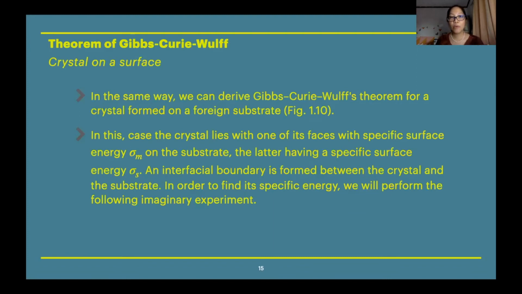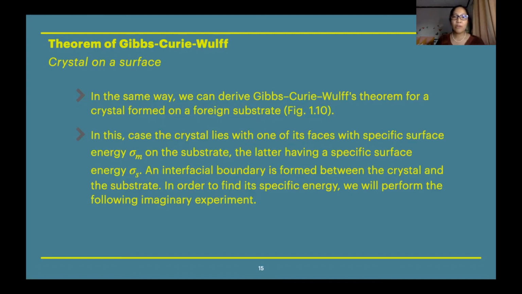Now, in the same way, we can derive the Gibbs-Curie-Wulff theorem for a crystal formed on a foreign substrate. Again, we refer to figure 1.10. In this case, the crystal lies with one of its faces with a specific surface energy, sigma sub m, on the substrate. The substrate has a specific surface energy, sigma sub s.